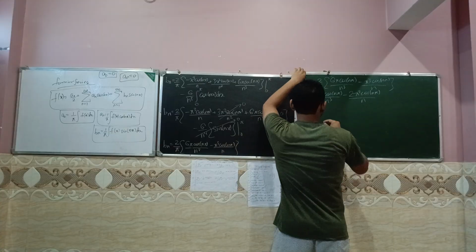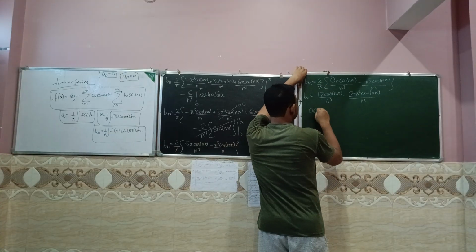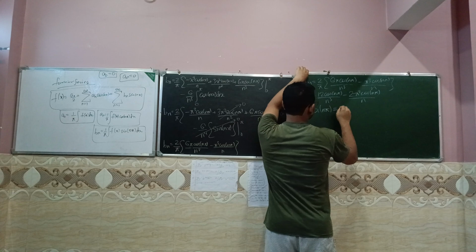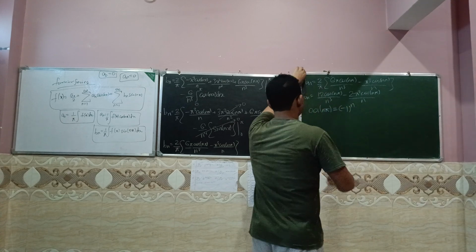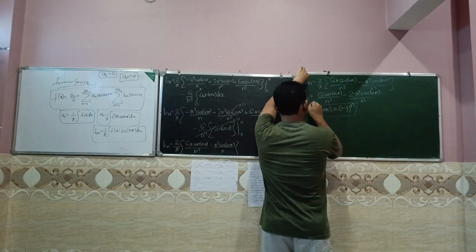More precisely, as you know, cos n pi is just negative 1 to the n, where n is a natural number. So I'm replacing cos n pi with this.